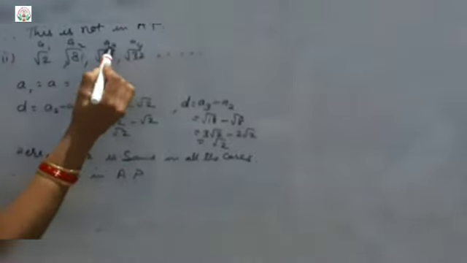Therefore, this is in AP. Now AP means 3 more terms you have to find. So 3 more terms means what is given? a1 is given, a2 is given, a3 is given, a4 is given. Right? So now we have to find a5. So equals a plus 5 minus 1 into d, which is equals to a is root 2 plus 4 into d, which is root 2.